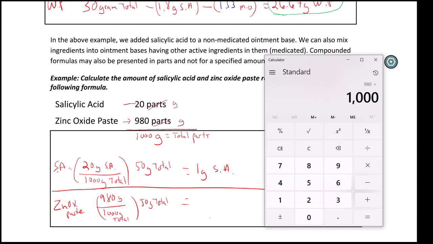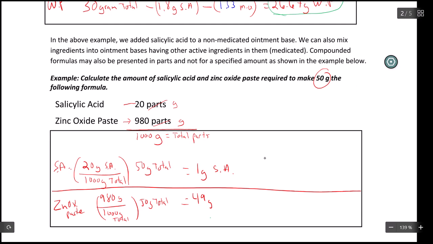Well, I've got 980 every time I want to make 1,000, and I want to make 50, so I need 49 grams of zinc oxide paste. And that should make sense because 49 grams plus 1 gram of salicylic acid gives me my 50.